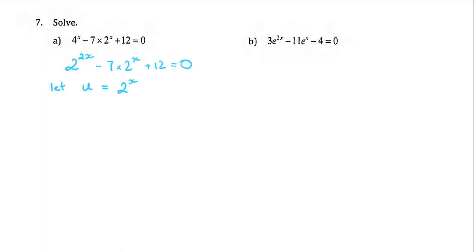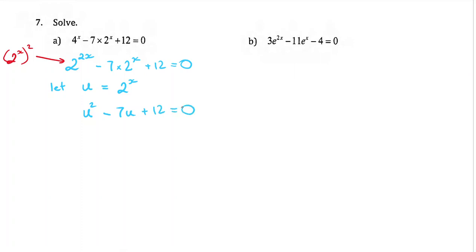Now, worth noting that this is also 2 to the x, squared. Can you see how that's the same as that? Good. Because that would mean 2 to the 2x is u squared. There's the quadratic. We have u squared minus 7, and this 2 to the x becomes a u, plus 12 equals 0.